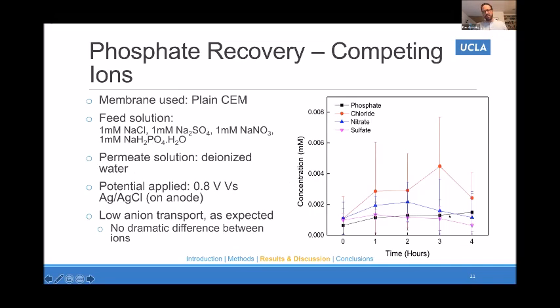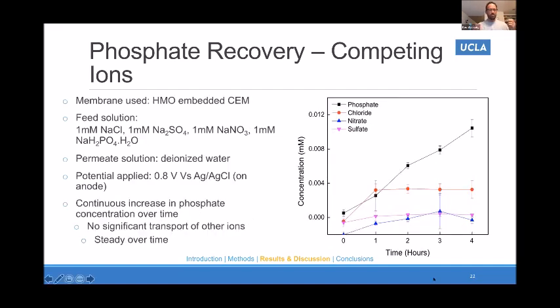These are the concentrations of those anions in the permeate of the membrane on the anodic side. Over time, we don't really see much of a change in any of the anion concentrations, as expected from a cation exchange membrane. It will prevent the passage of these anions across the membrane. So it's exactly what we want.